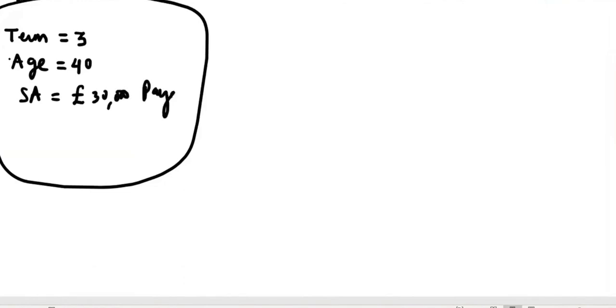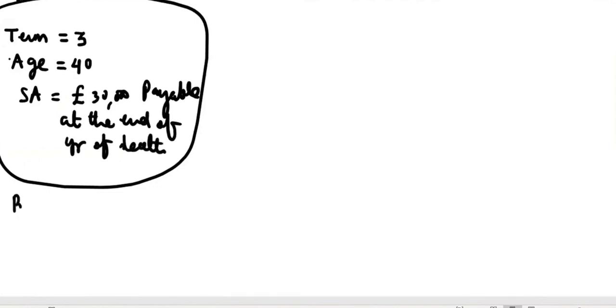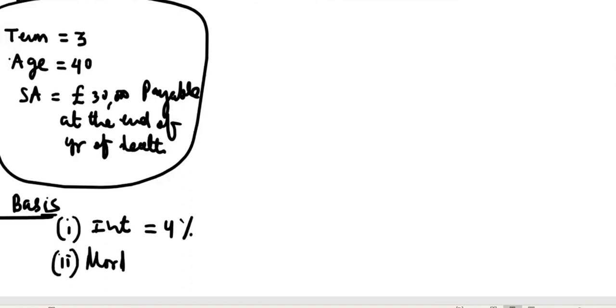Again payable at the end of the year of death. Then the basis: interest rate is 4%. Mortality, 1% every year.